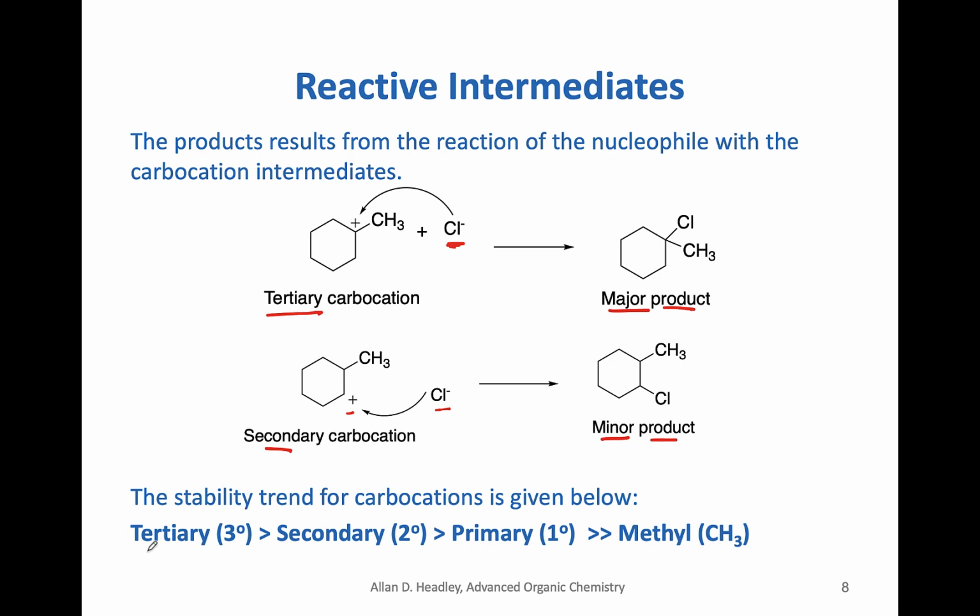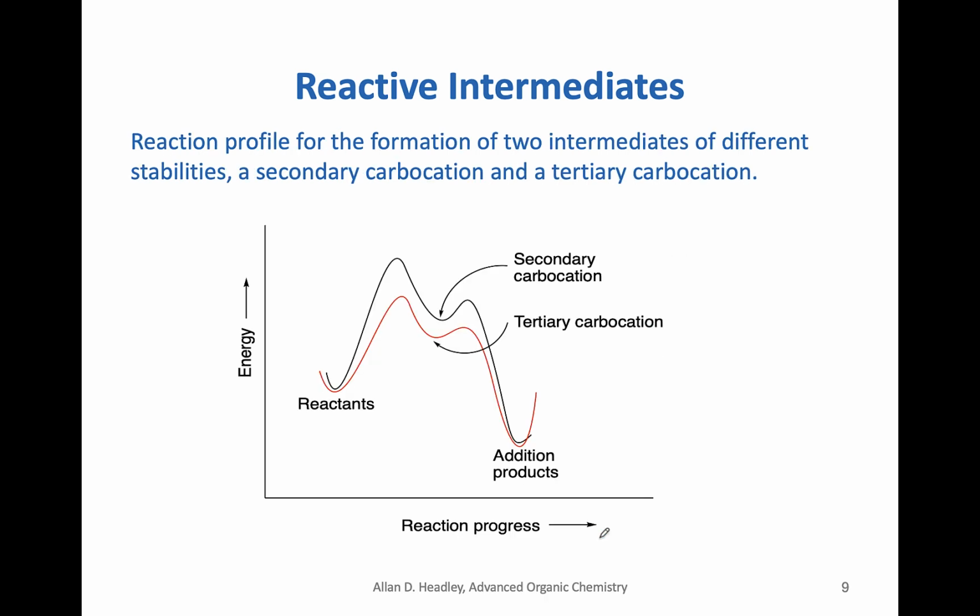So here again we have the stability of carbocations, in which the tertiary is more stable than the secondary, than the primary, and far more stable than the methyl. So the methyl carbocation is the least stable, and it's not very stable. So let's look at the reaction profile.